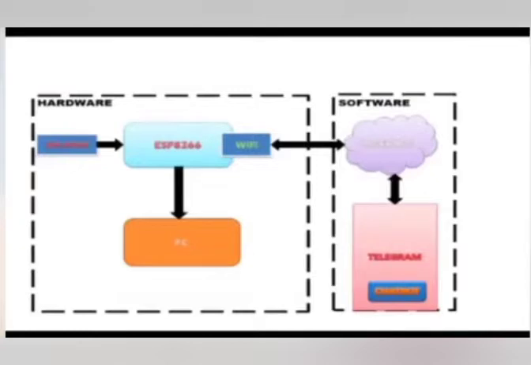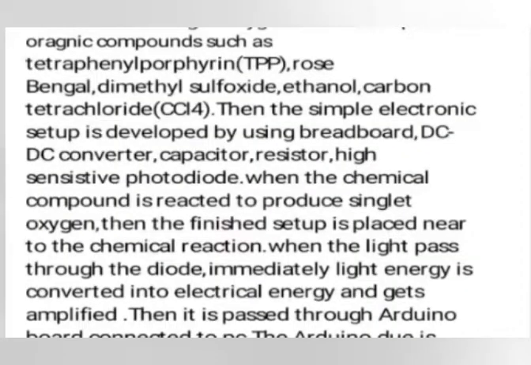This is our block diagram. In the setup, the molecular oxygen is converted into singlet oxygen with the help of organic compounds such as tetraphenylporphyrin, rose bengal, dimethyl sulfide, ethanol, and carbon tetrachloride. Then a simple electronic setup is developed using a breadboard, DC to DC converter, capacitor, resistor, and highly sensitive photodiode.